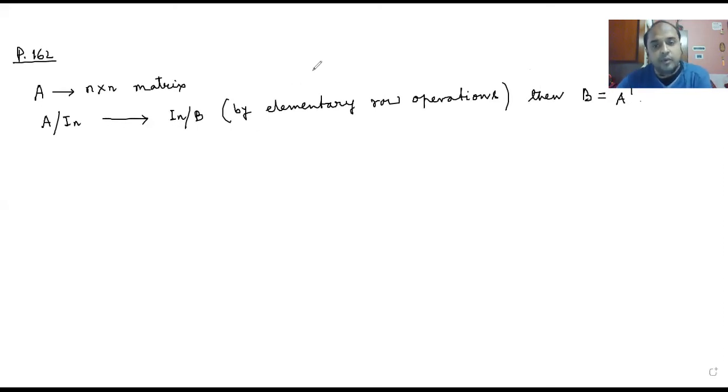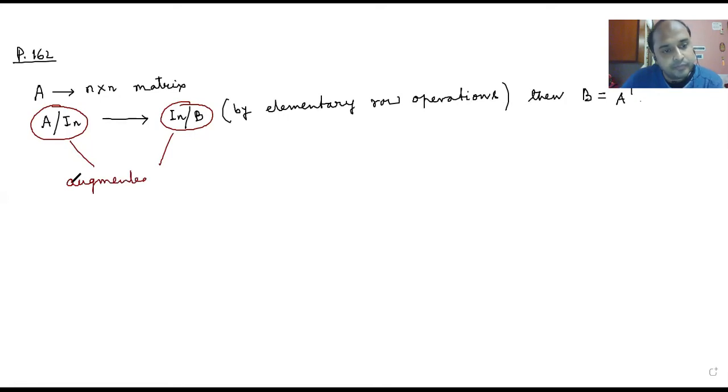Now, one important point is that you are probably able to identify that both of these matrices are known as augmented matrices, which I defined in my previous class. In the previous class, I told you that you can find the rank of a given matrix using both row and column operations, bringing it into its normal form.